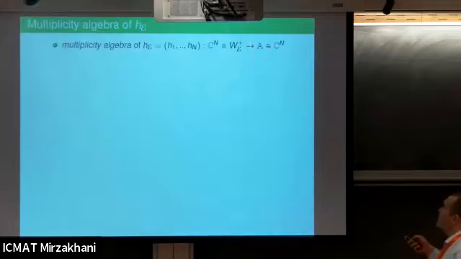And it turns out that there is a very simple-minded but very nice algebra one can attach to such a map. Both of them are Fi spaces of the same dimension. So you just have n functions, and they are all weighted homogeneous. And then you can define this multiplicity algebra.